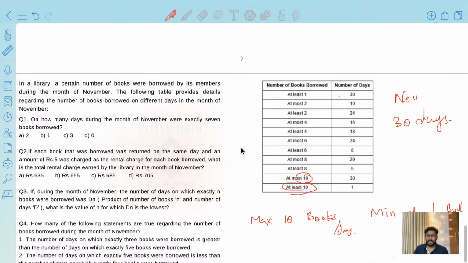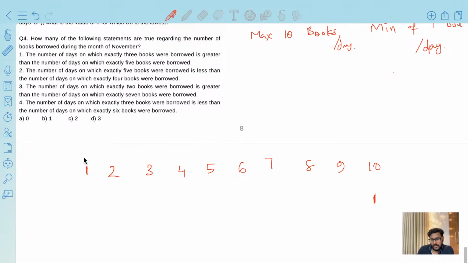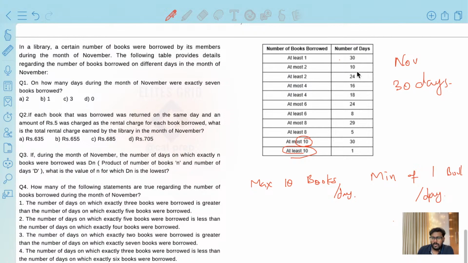Let's solve this one. At least one book, 30 days. At least, okay, one minimum, 30 days. And two, at most, max. What is this? At most two. What is this?